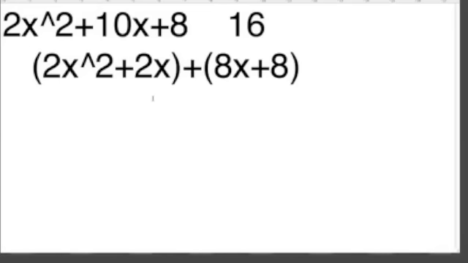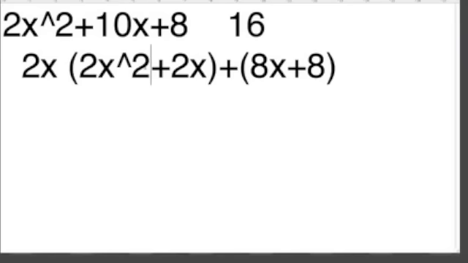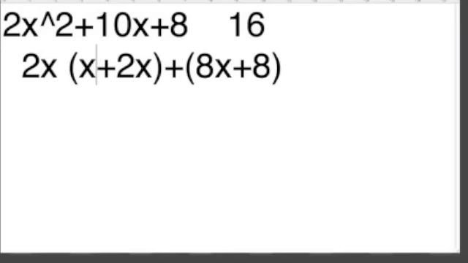Now you would just take common factors out. Right here, you can take out a 2x. So let's divide this by 2x. That would put a 2x on the outside, and that would give you x plus 1.